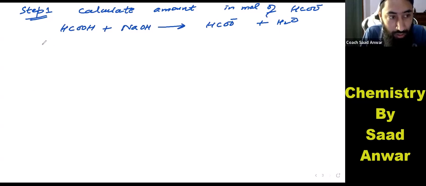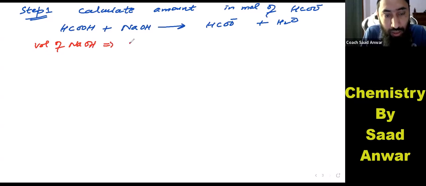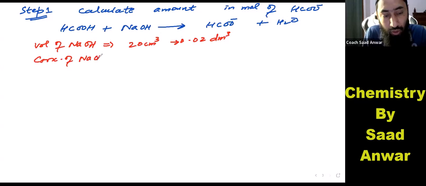The volume of alkali is now 20 cubic centimeter, which means 0.02 cubic decimeter. The concentration of alkali, sodium hydroxide, is the same, 0.05. So I'm going to use moles. Mole is concentration times volume.